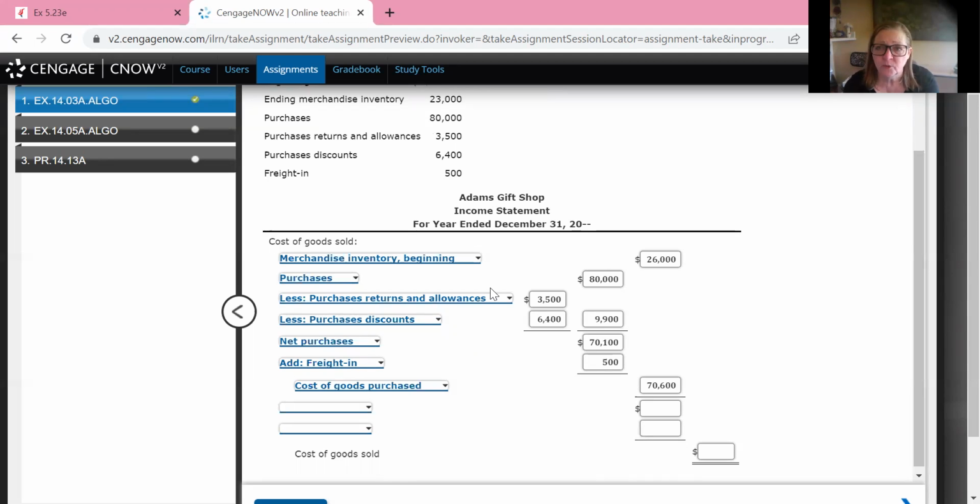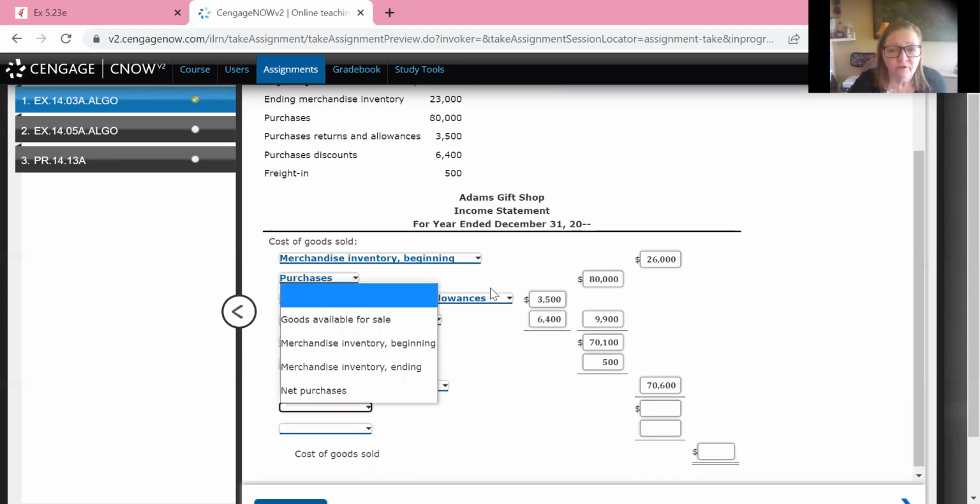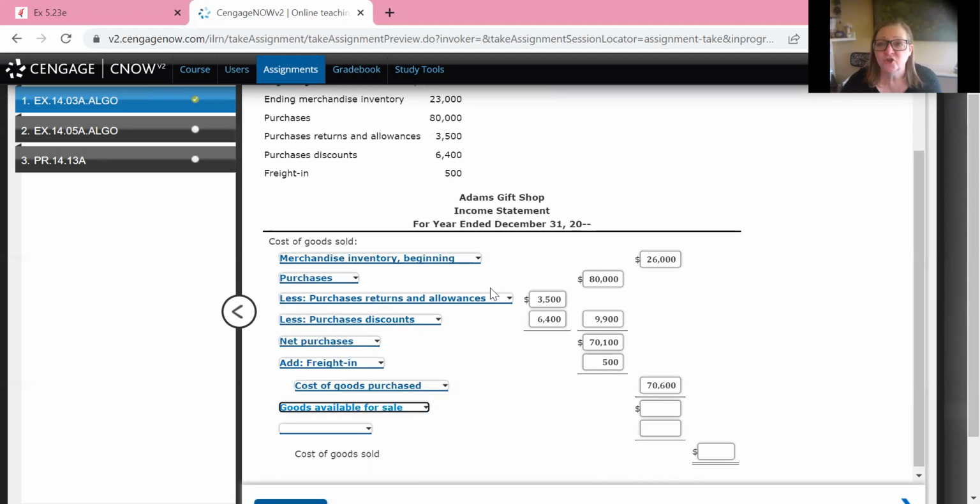We started out the period with a $26,000 investment in our inventory, and then we added a net cost of $70,600. So our total goods that we could have sold is just those combinations: the amount of inventory we had at the beginning plus what we added this period. So we take the 26,000, add it to the 70,600. That brings us to 96,600.